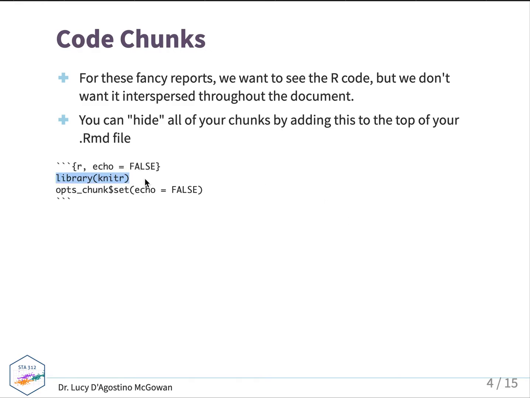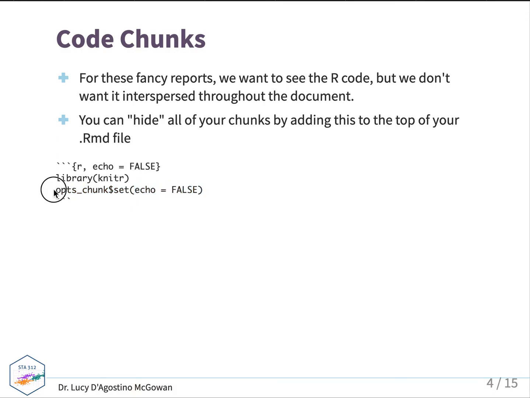You load the knitr package, which is actually the package that's being used when you click that little blue knit button on the top. So if you load that package in your very top chunk, and notice I'm setting echo equals false for this chunk so that when I knit my document, you won't see this code. And then you add this opts_chunk$set echo equals false.